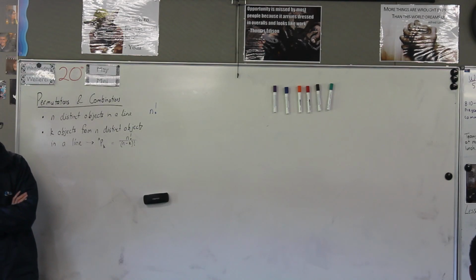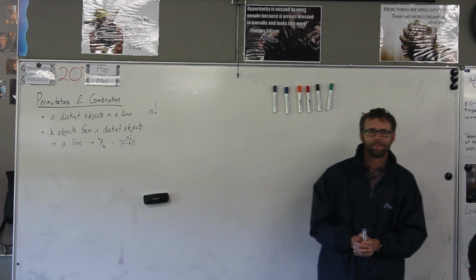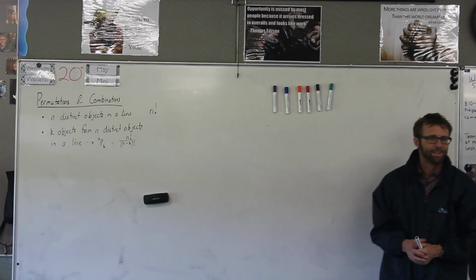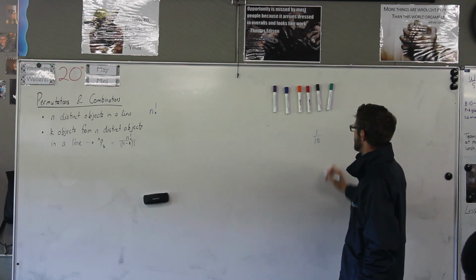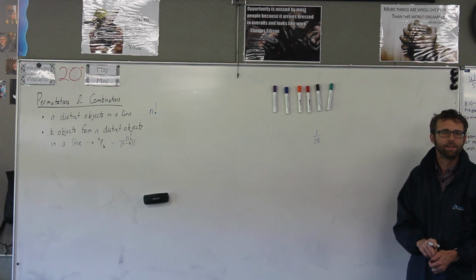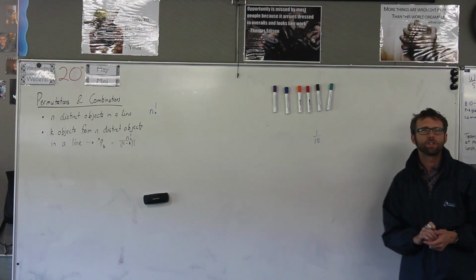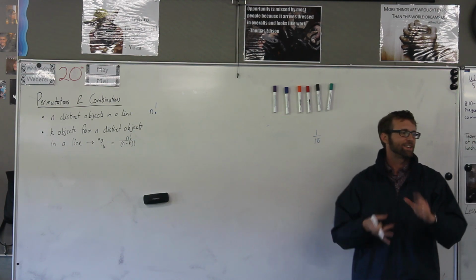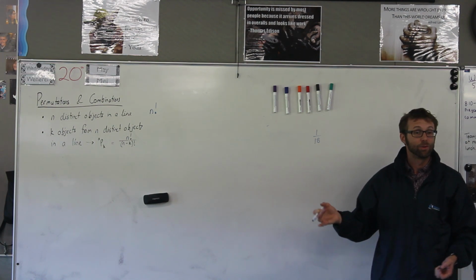Right, what answers have we got? You got an answer? 1/18. What does that mean? There's a 6th chance a player will get a medal, and then there's a 3rd chance that it will be gold. I don't think you understand my question. My question is how many combinations can we have in first, second and third? You think 18?